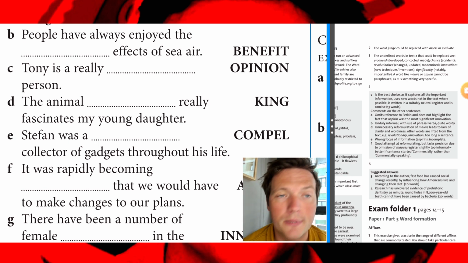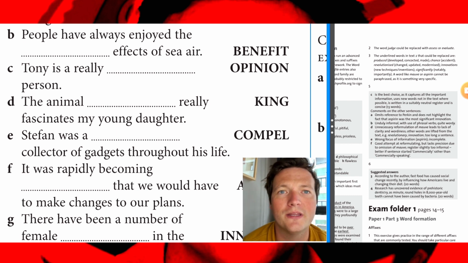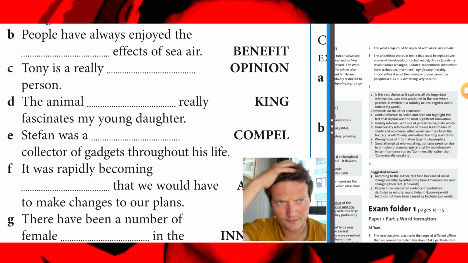Well, it's a place, maybe kind of like the environment, the abstract idea of the world, the society that animals live in, and we call it the animal kingdom, like the United Kingdom. Yeah, the animal kingdom really fascinates my young daughter.